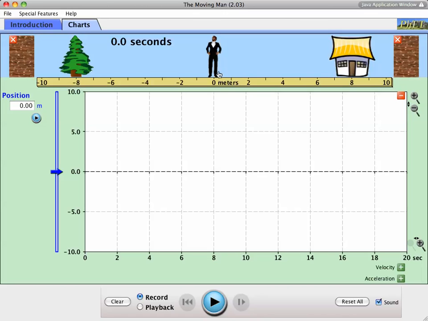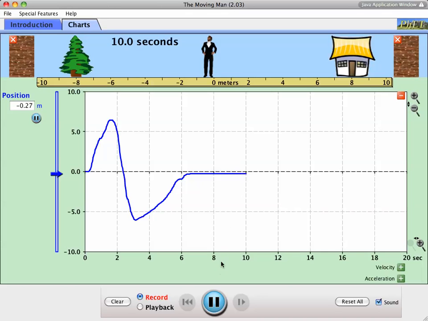You can play around with this and graph as we move our motion man, as he comes backwards, and if he goes fast or slow. You can take a look at different examples of what's happening to him. This is simply graphing it, and at this point you can see that he's not moving anywhere, and so it stops. All right, so I'm just going to hit stop.